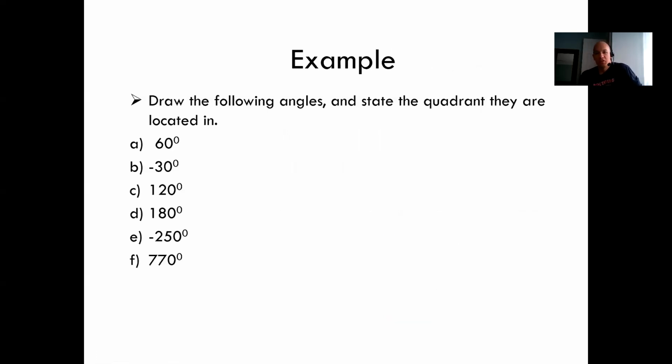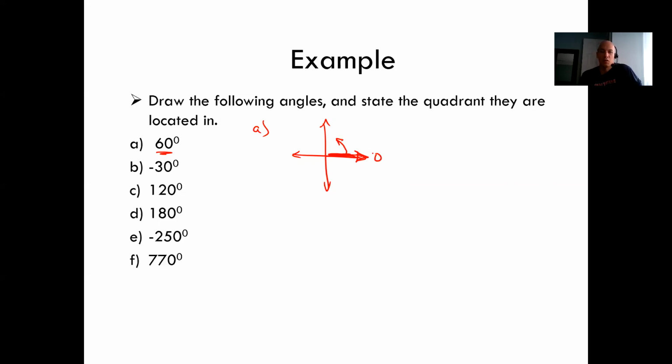Okay, an example would be to draw the following angles and state the quadrant they're in. The way that we would draw an angle like positive 60, we would sketch a little Cartesian coordinate system here. Starting at the positive x-axis, we're going to rotate 60 degrees.